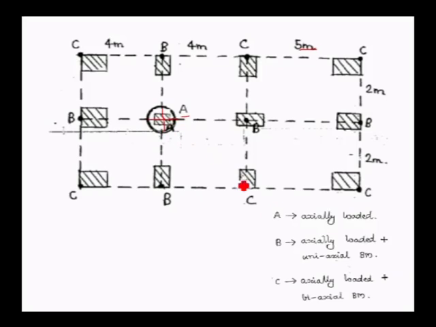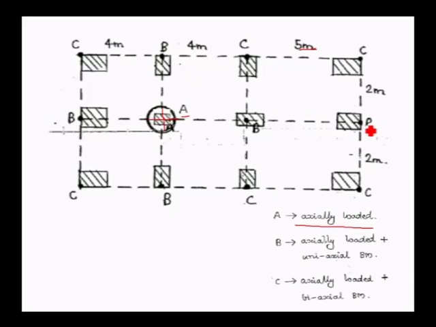That is why A is classified as an axially loaded column. Whereas column B is a uniaxial bending moment column, where the center is away from the yy axis.